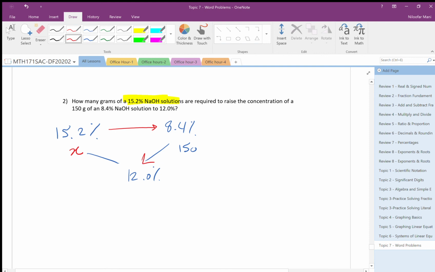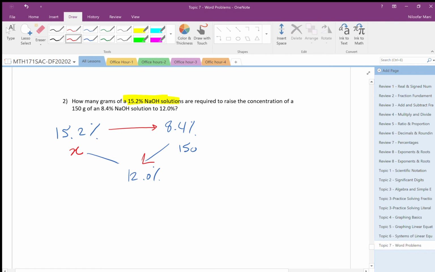The higher concentration is added to the 8.4% in order to increase it to 12%. So C1 V1, C2 V2, C final V final.